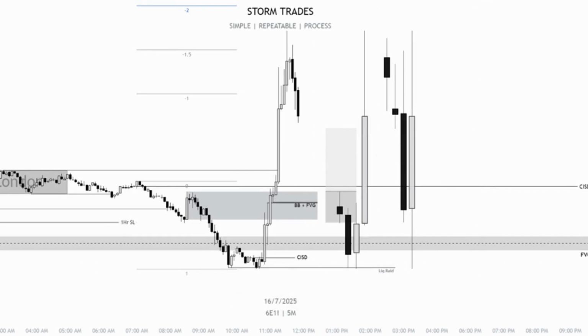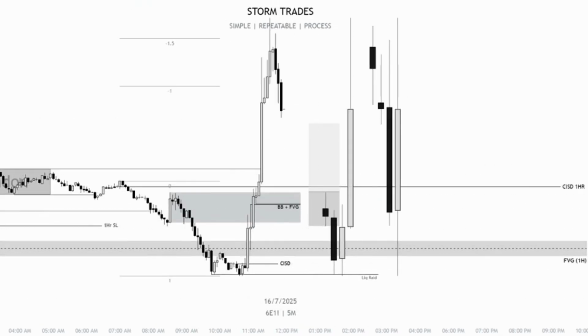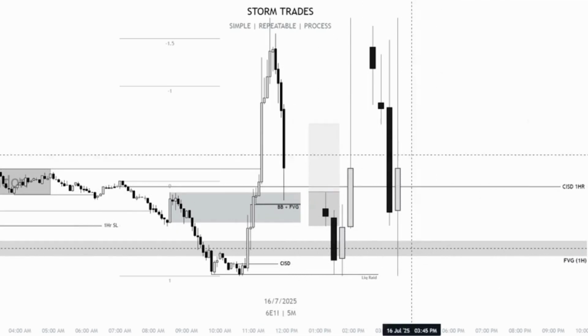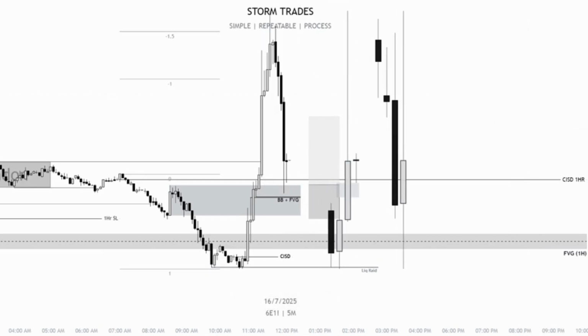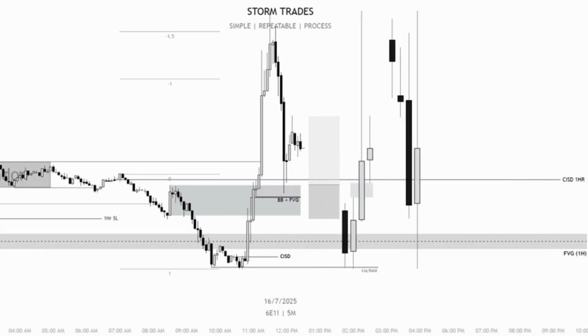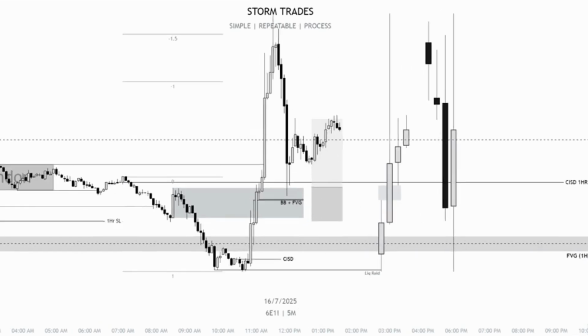Let's watch how price reacts once we come down and tag this breaker. Now we got a tag right here. Now let's see if price moves up to our take profit. And I think it does right there. It takes the 2R right there.